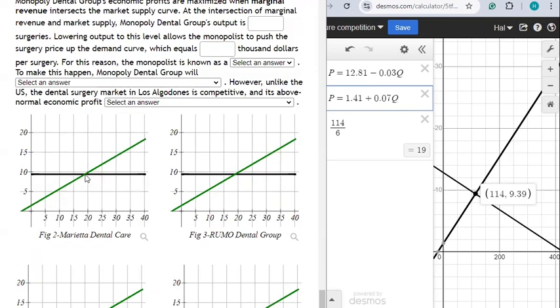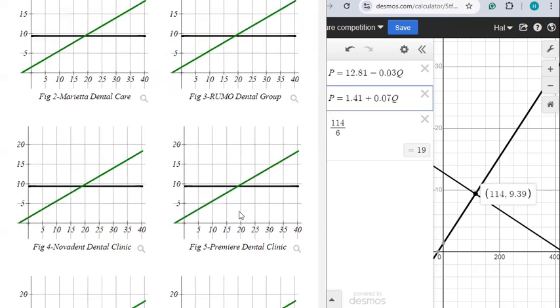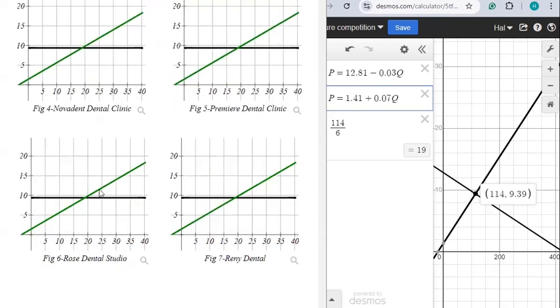Notice that the intersection of this green line with the price is $9,390,000 in my model, right? The demand curve is perfectly elastic, perfectly flat. It intersects the marginal cost at 19. Same thing for Rumio, same thing for Novodent, same thing for Premier, Rose, and Remy.